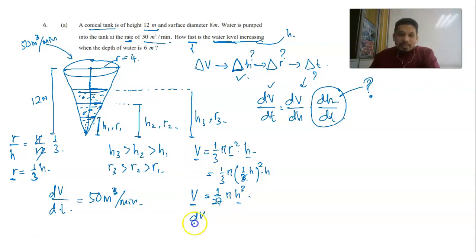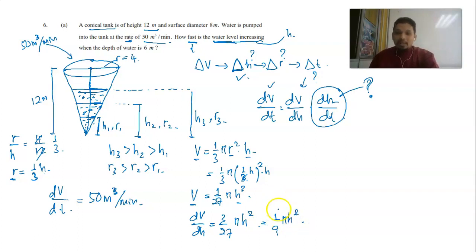So then dV/dh equals, differentiating the power of 3 here, 3 over 27 pi h to the power of 3 minus 1, which is 2. Or simplify this as 1/9 pi h squared.